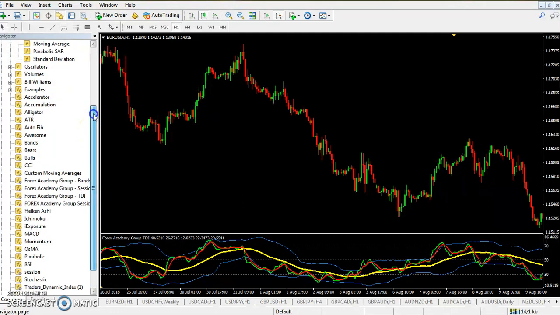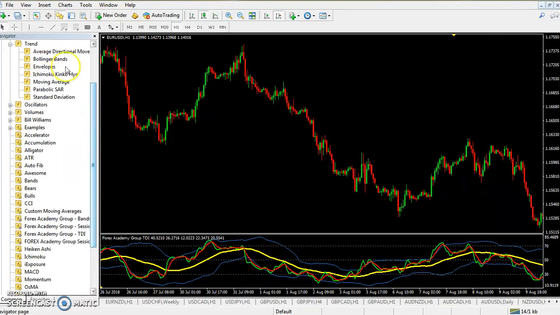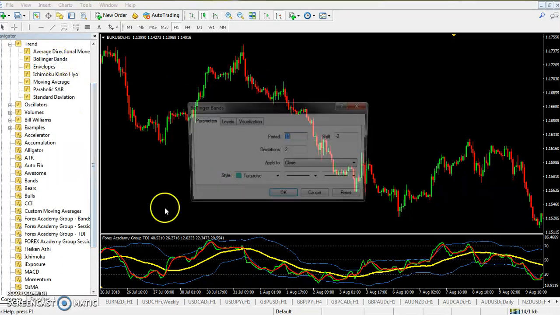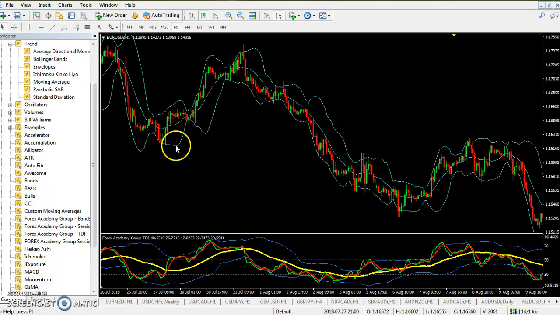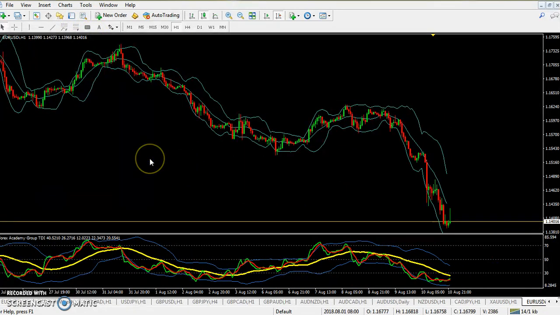One thing you can do, and I used to do this, a lot of people do it actually, especially beginner traders, is add the Bollinger Bands to the main chart as well. Now, don't get these confused, guys.